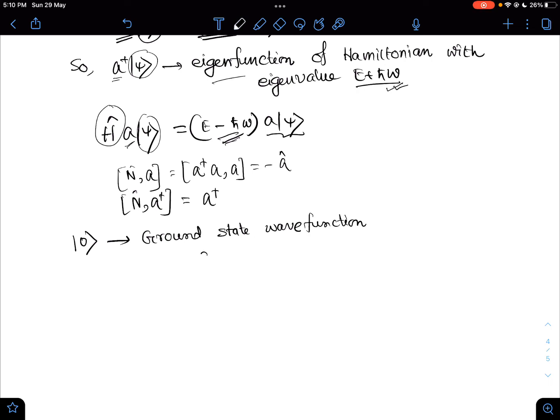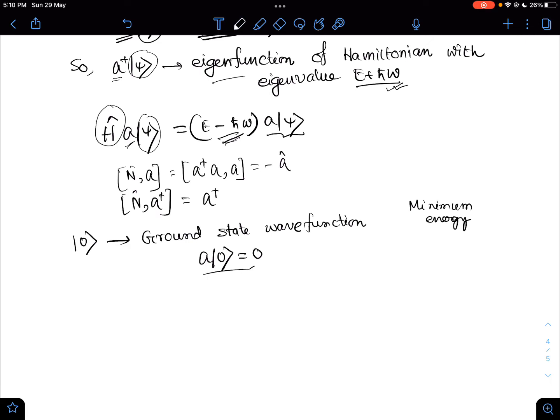This wave function must satisfy this relation. Why should this be true? Because the ground state energy is the minimum energy, and no energy value is possible below the ground state energy.